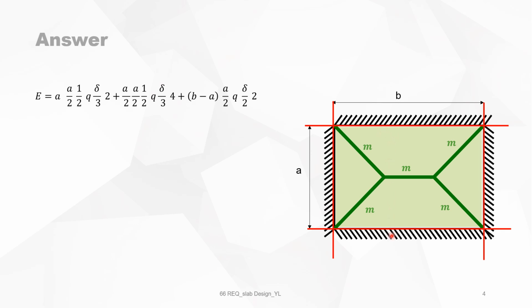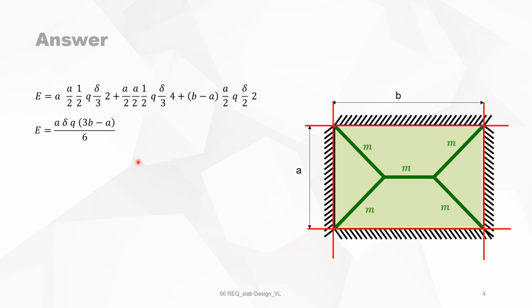What is left is this rectangular portion of the slab. There you've got A times this length, which is B minus A over 2, so B minus A, and the mean deflection, because it's a rectangle, is delta over 2. That's what's stated here.